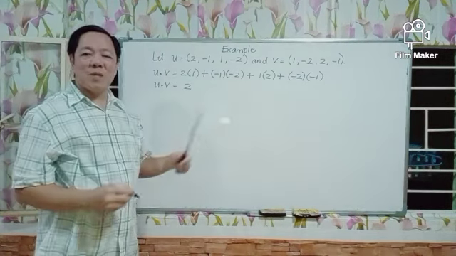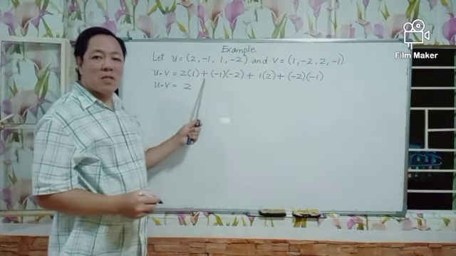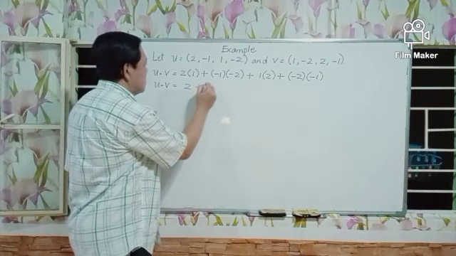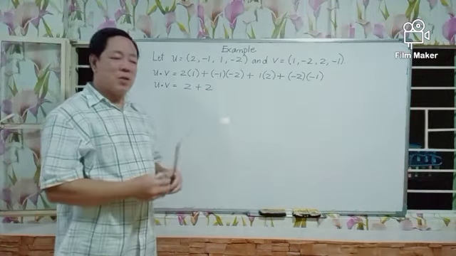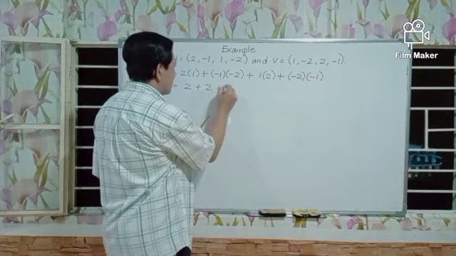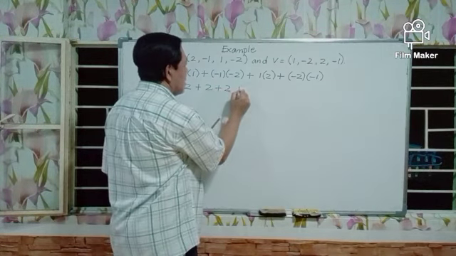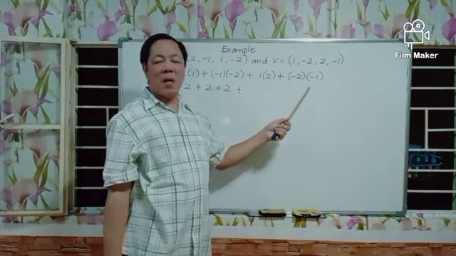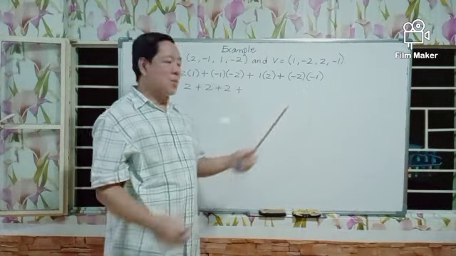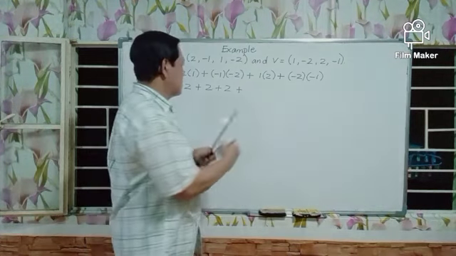Negative times negative is positive, so we have plus 2, plus 1 multiplied by 2 is 2. And the last term is negative 2 multiplied by negative 1 is positive 2, plus 2.